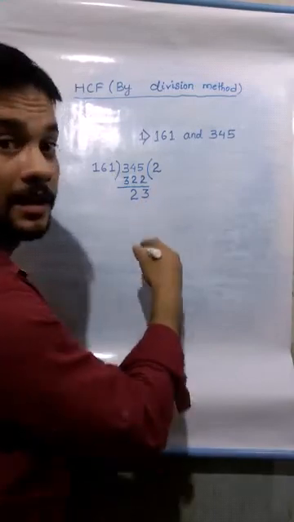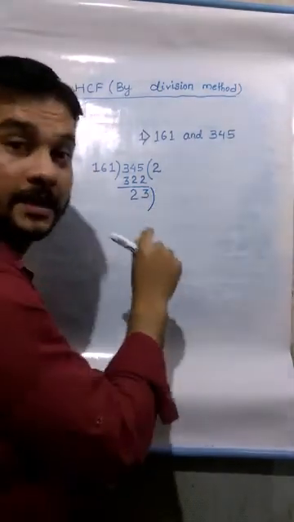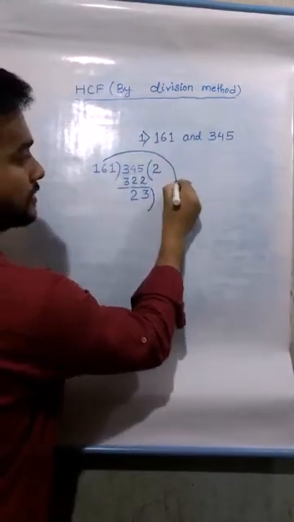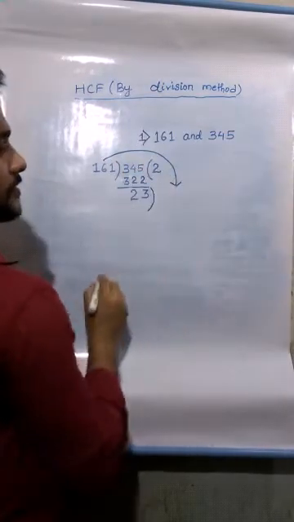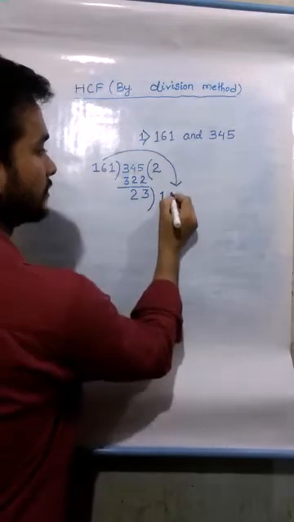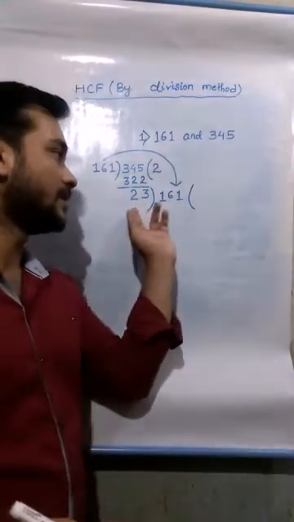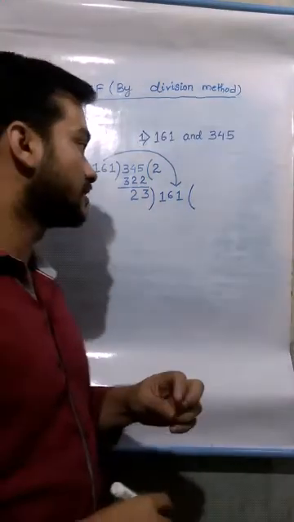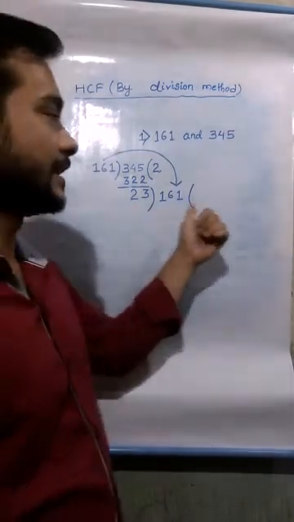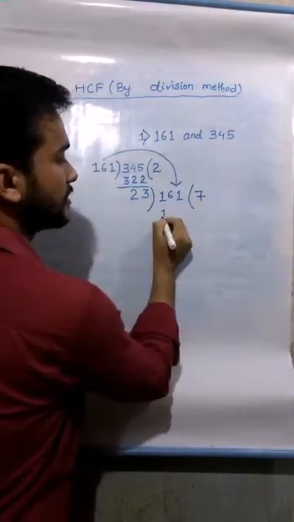This remainder will now become the divisor, and this divisor will come to this side and become the dividend. 161. Now again we will divide by 23. How much is 161? Think. Okay, so 23 7s are 161.